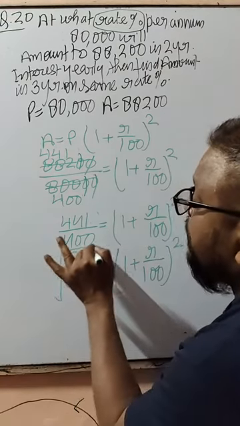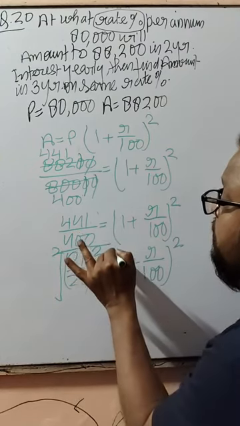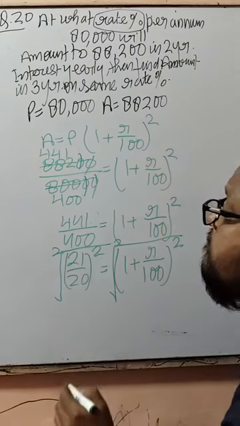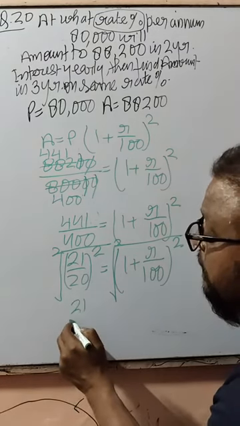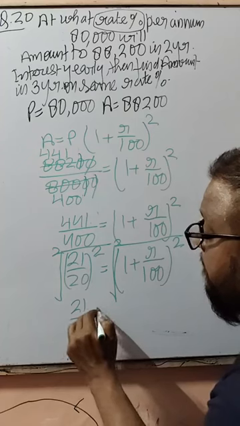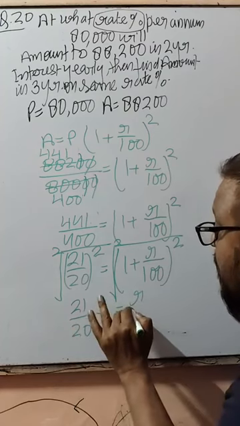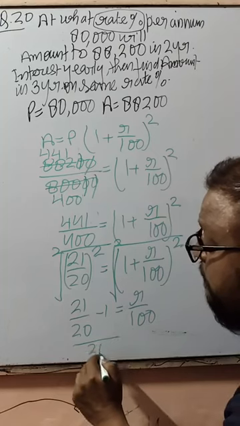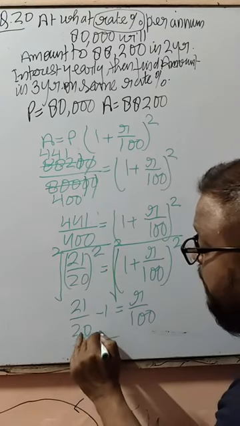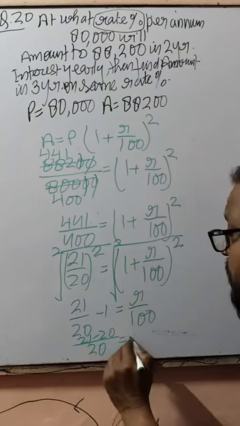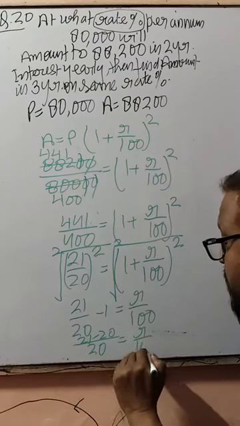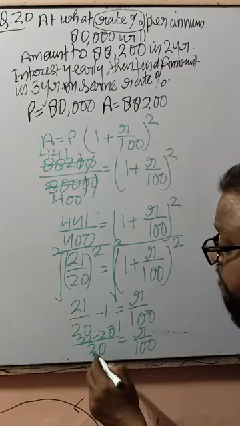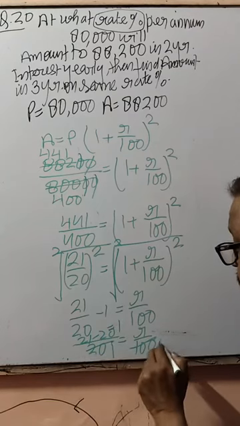Taking square root both sides, it becomes 21 upon 20 minus 1 is equal to R upon 100. So 21 minus 20 is equal to R upon 100, so it becomes 1 times 5.